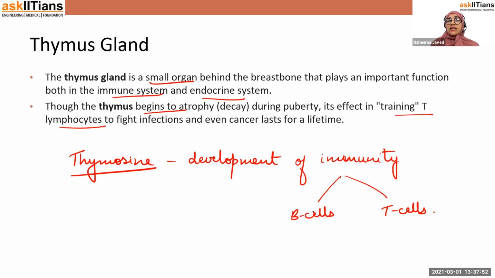So thymus gland is very important for the maturation of the T cells, without which the immune system will become weak, and the cancer fighting ability of the body is also affected. T cells are called so because they mature in the thymus gland.